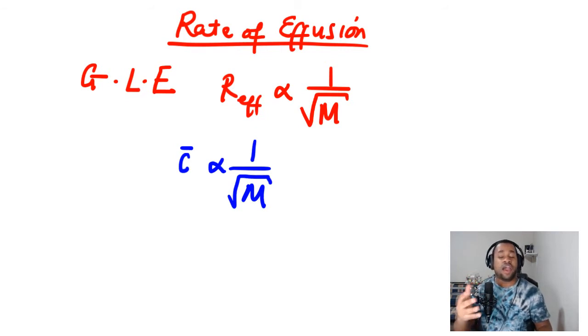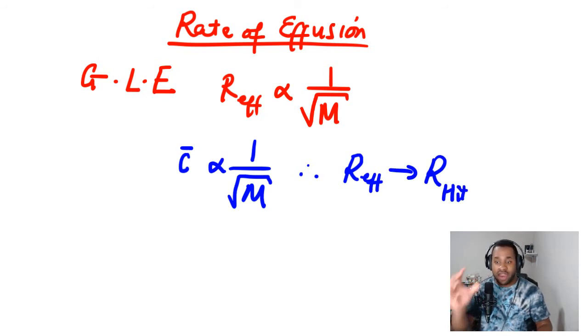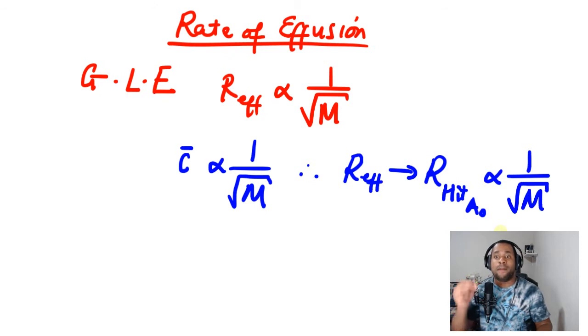So we can conclude that in terms of effusion, when a specific particle leaves a system either due to puncture or leakage, this rate of effusion is related to the rate at which the particles hit a specific area, which we are going to abbreviate as A naught. And this is as well inversely proportional to the square root of the molecular weight.